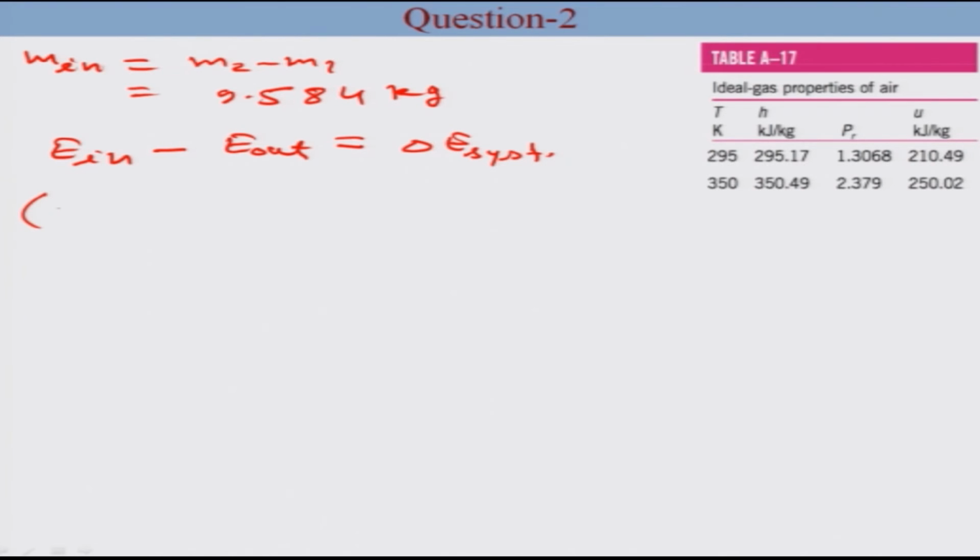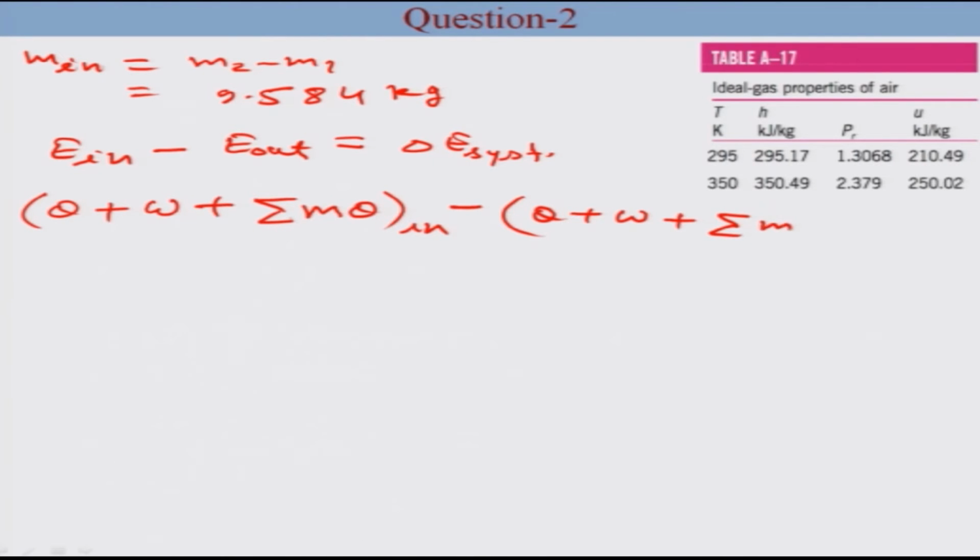Total energy in is heat coming in plus total shaft work plus total flow energy of the fluid coming into the system, minus total energy coming out of the system, which is Q plus shaft work plus total flow work of the fluid, which is equal to delta E of the system.